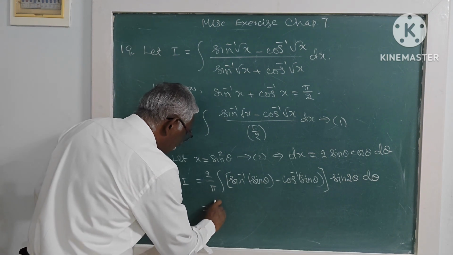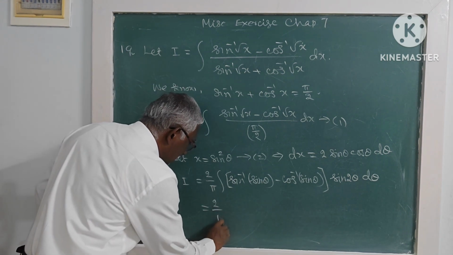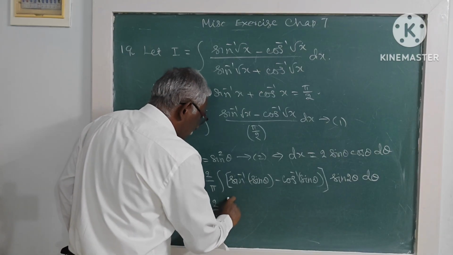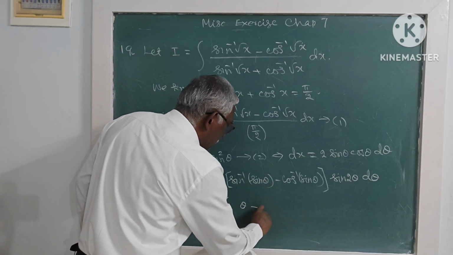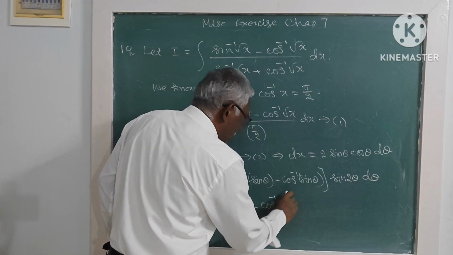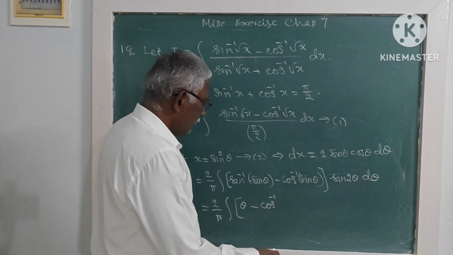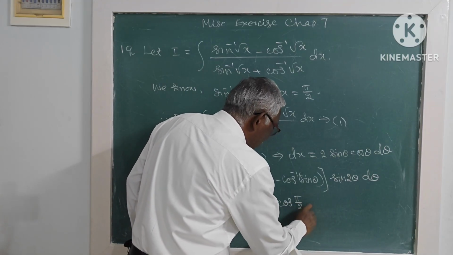Now this is equal to 2 by pi integral of sin inverse of sin theta, which is theta, minus cos inverse of sin theta, which we can write as cos inverse of cos of pi by 2 minus theta.